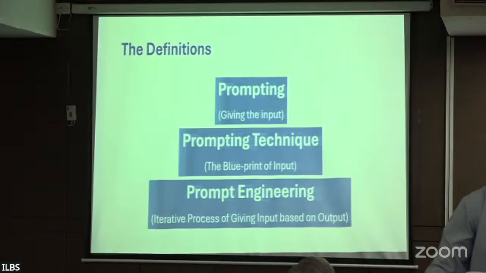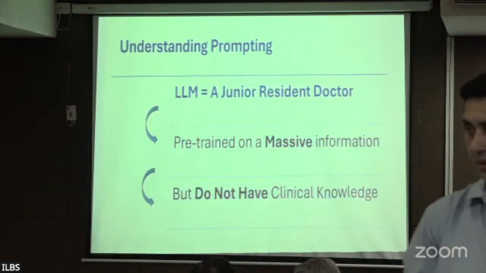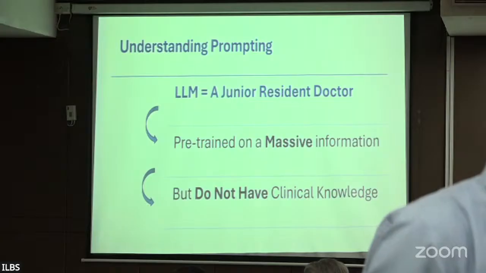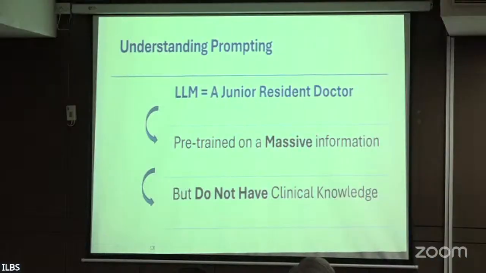So it is an iterative process. To understand prompting, imagine the LLM as a junior resident doctor who has trained with massive information but does not have clinical knowledge. So what he is telling, you will not simply believe. You have to check it.